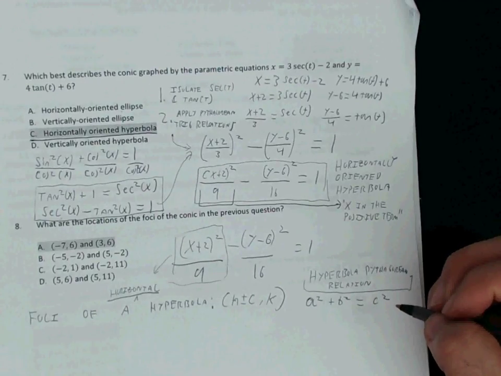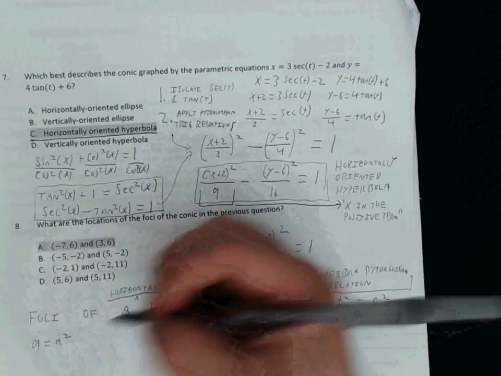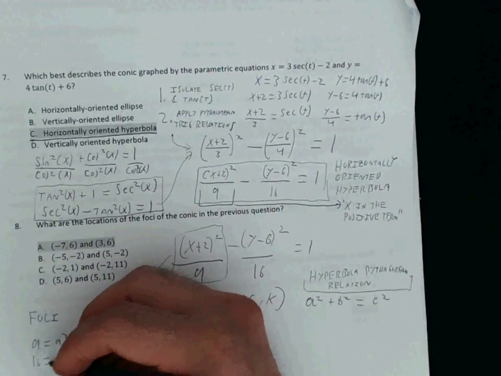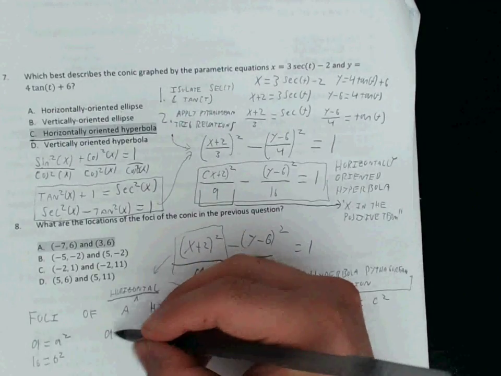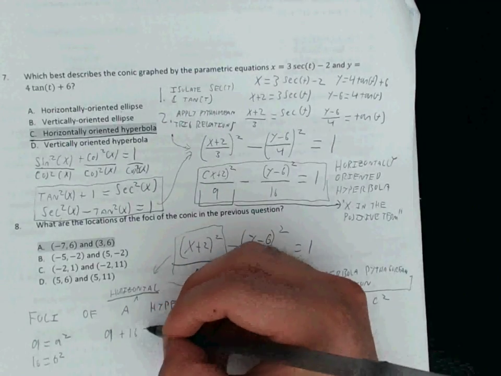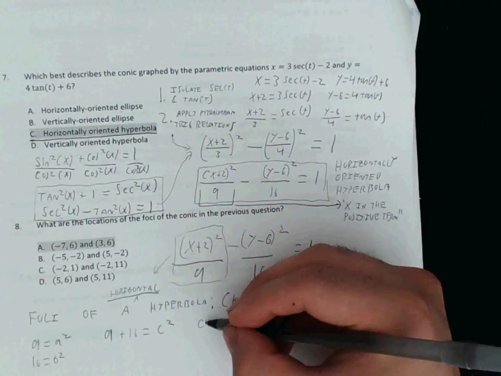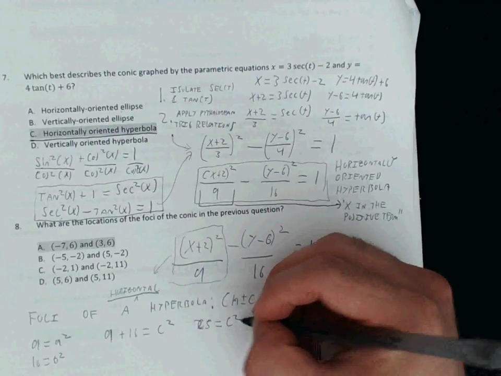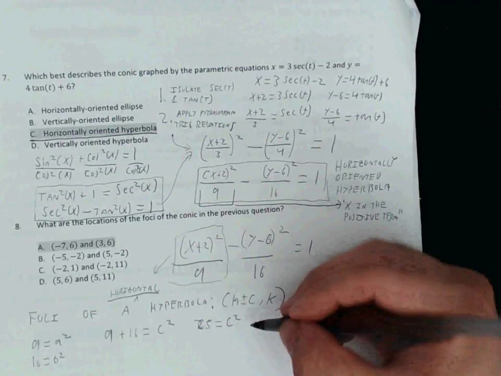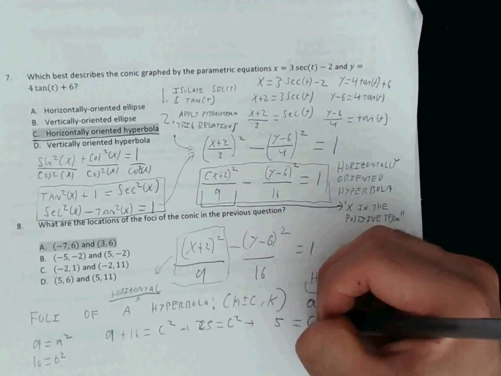So with that being said, we know that 9 is equal to a squared, 16 is equal to b squared. So 9 plus 16 is equal to c squared, which means that 25 is equal to c squared, which means take the square root of both sides. 5 is equal to c.